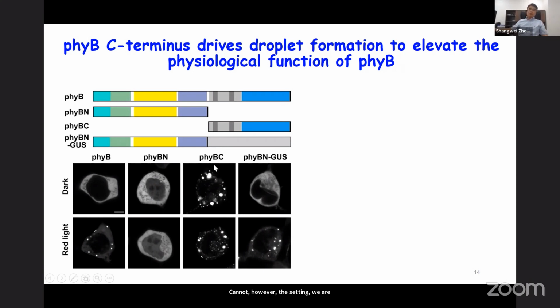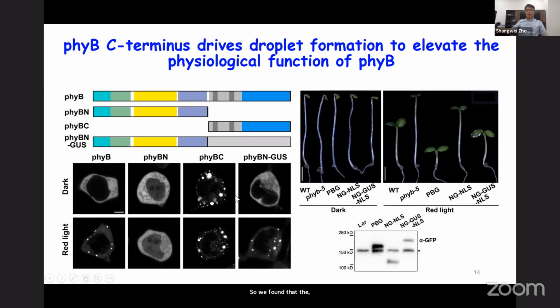The phy C-terminal was previously reported to be a self-association domain. So we fused the phy N with a GAS tag. GAS protein is also a self-association protein. So we found that the GAS fusion will restore this photobody formation.